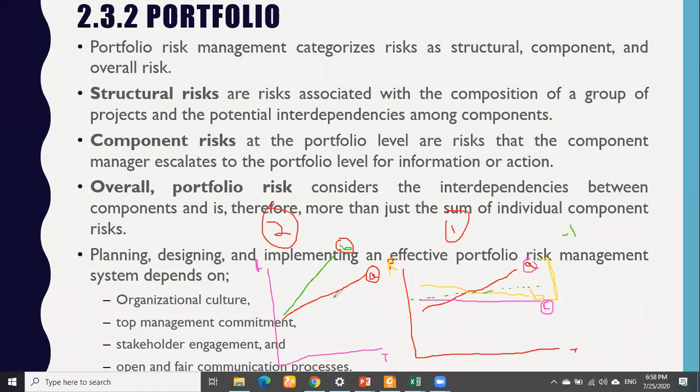Can you see that there is a kind of influence when there is an increase in A, there is also an increase in B, or there is an increase in B, so there is also an increase in A. If I have written right here -1, is the relationship negative or positive? It looks positive, right? There is a positive relationship. Let me write it down, positive here and negative here.